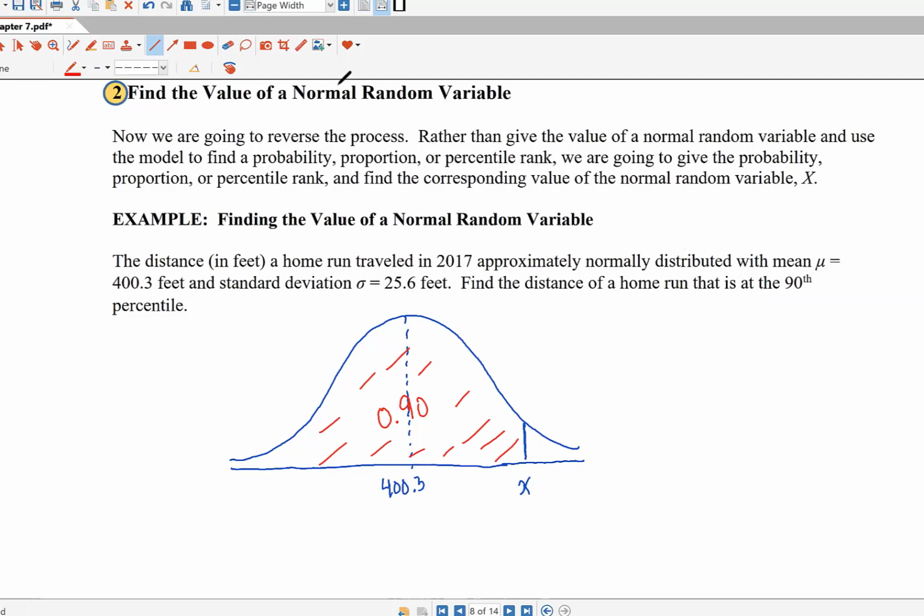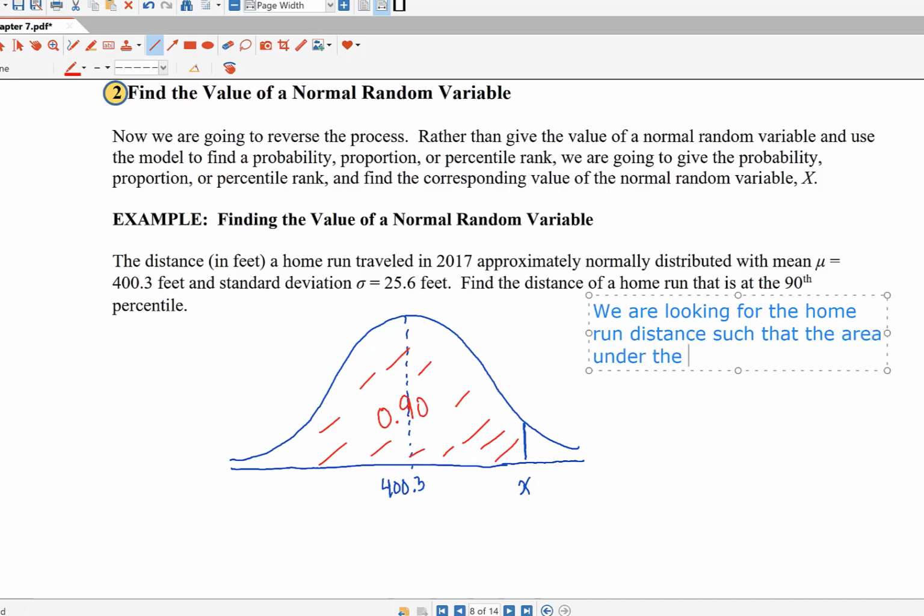Let me type that out. We are looking for the home run distance such that the area under the normal curve is 0.90.